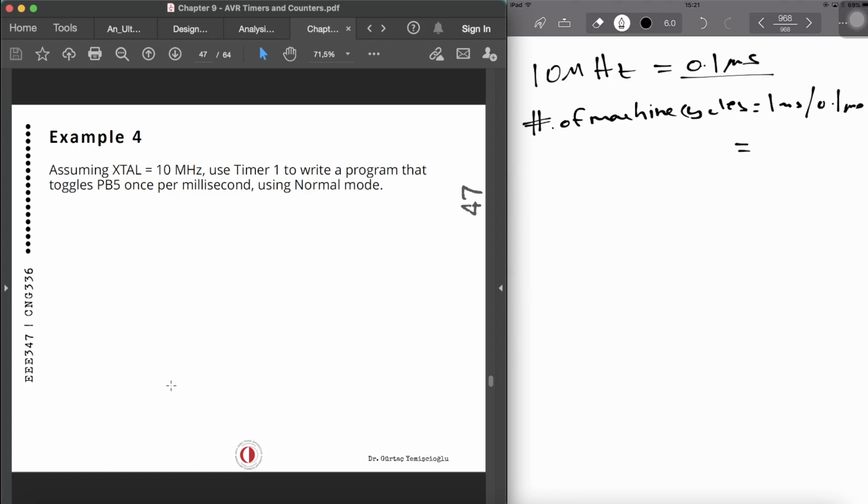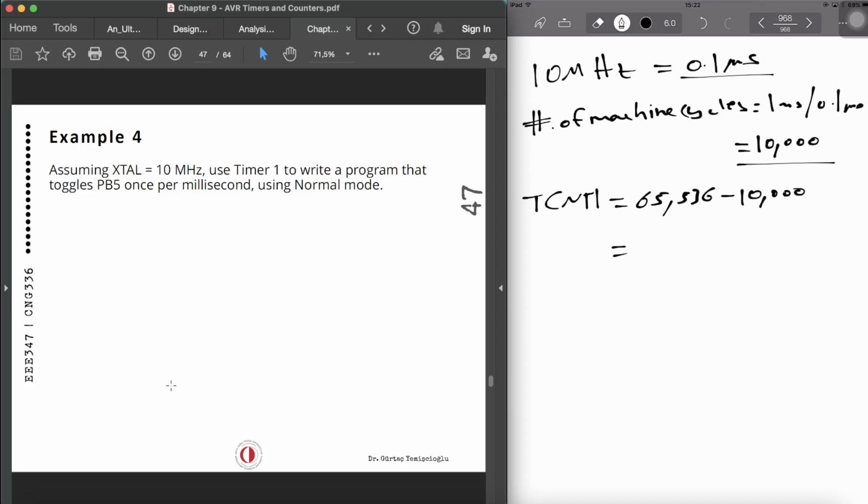This will give us 10,000 machine cycles. Now, 10,000 is not something that we can handle with an 8-bit timer. And the 16-bit timer, we know, is 65,536. So we can set TCNT1 to be 65,536 minus 10,000.